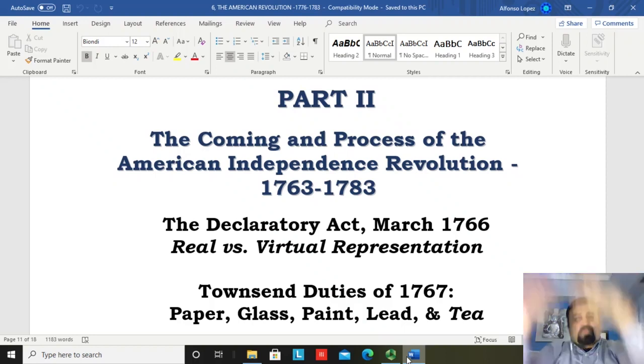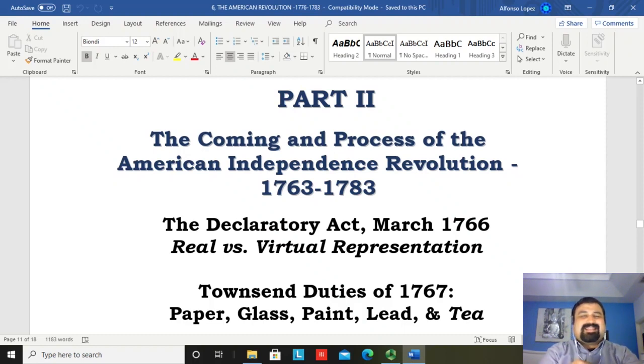Okay, so we're now going to look at things moving much faster towards the moment of independence, the Declaration of Independence in 1776, and the struggle for independence as well. Okay, this is part 2. And as I mentioned, what initially colonial leaders demand is representation.